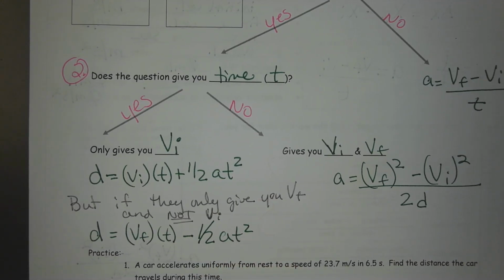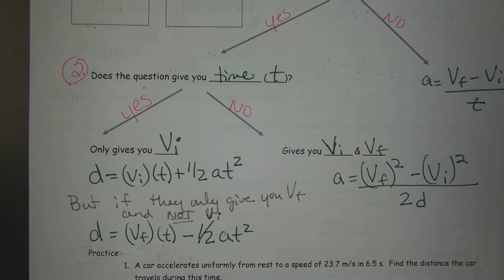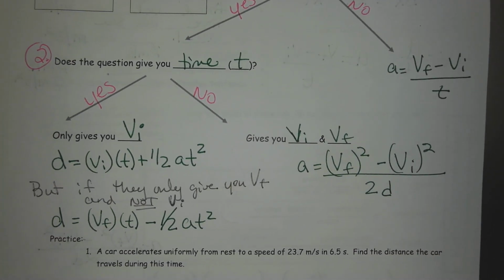There you go. There's my flow chart. If you ask yourself these questions, my flow chart is about a 98% guarantee. And we're going to practice this so much, you're going to be like, oh, I have that flow chart memorized. All right, turn the page.